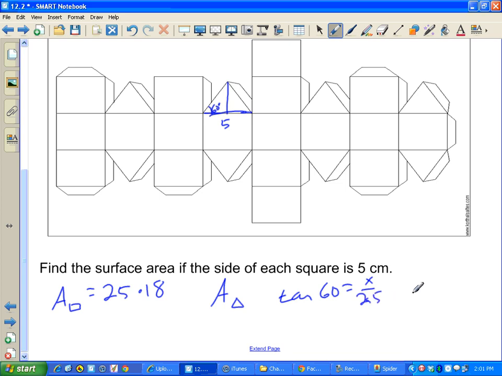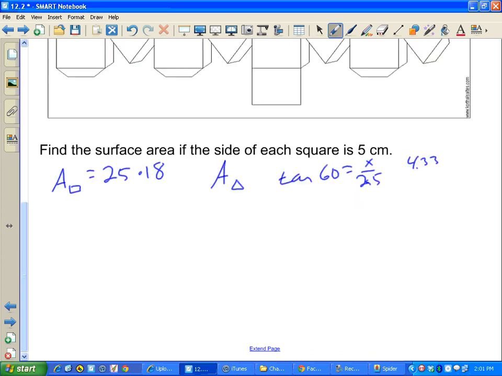If I type it in my calculator, I get 4.33. So my height is 4.33. So my area of my triangle is 1/2 my base times my height.